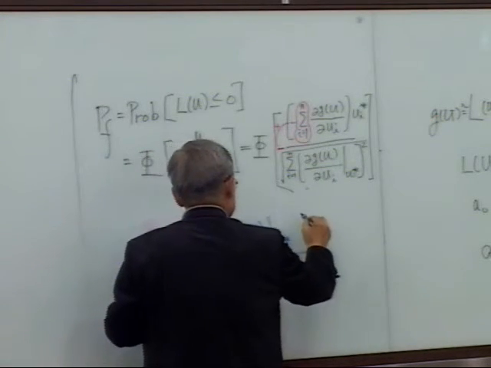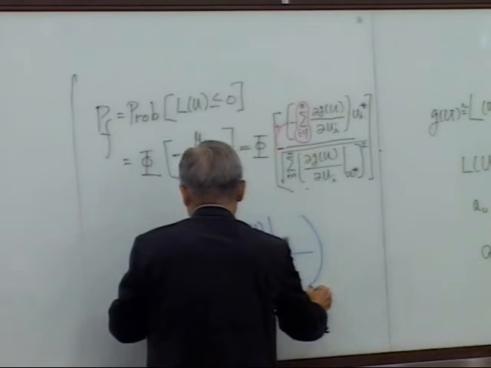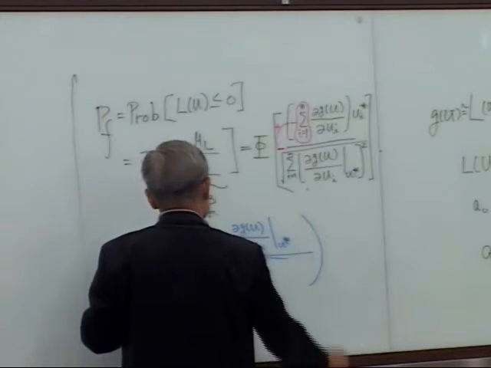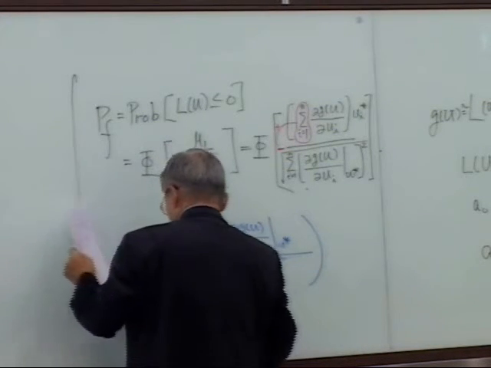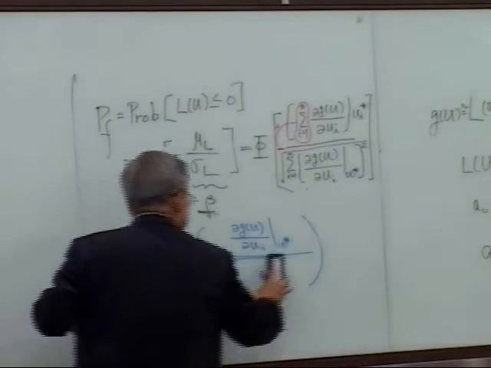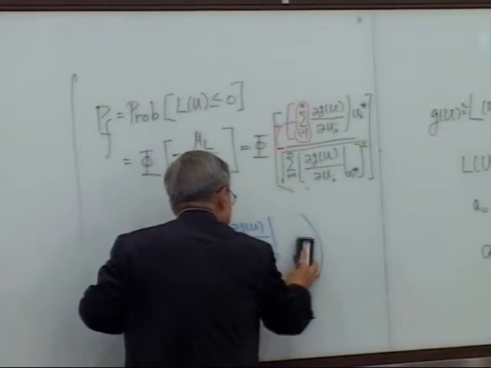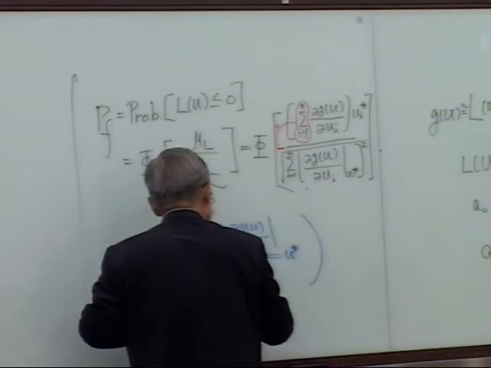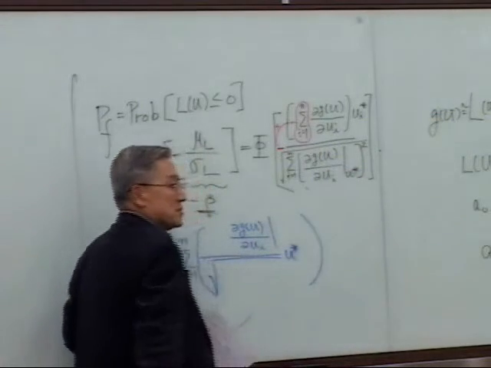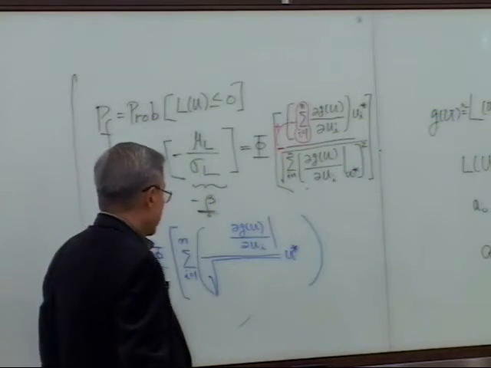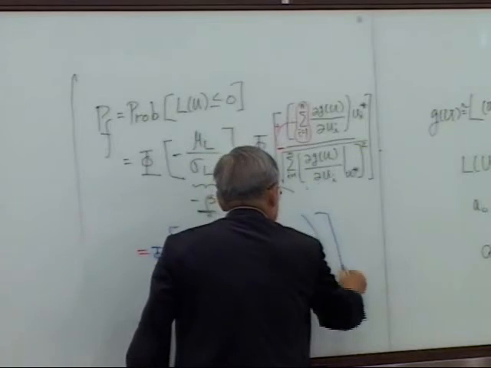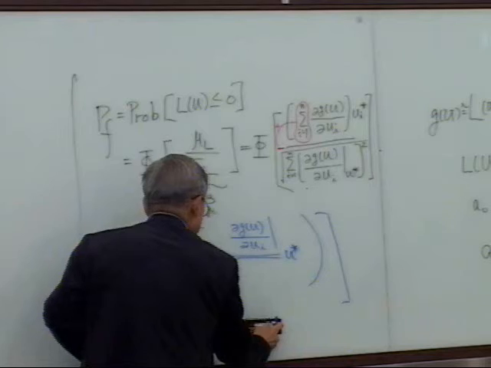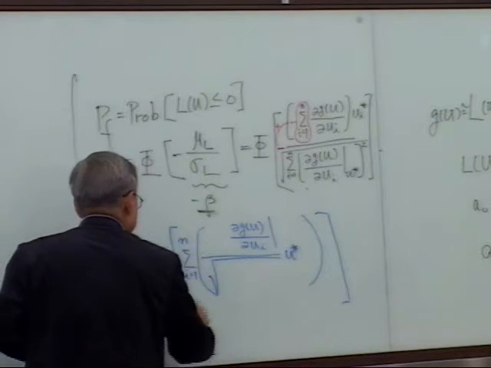Of course, this will be all like this. And I can even put this outside, because everything is inside the square root in the denominator. So then I can close like that. So I'm going to say that this is this.